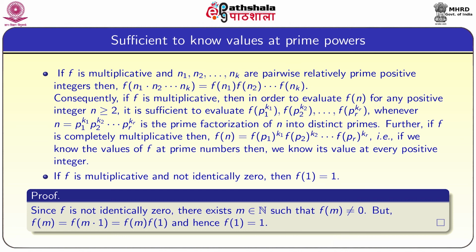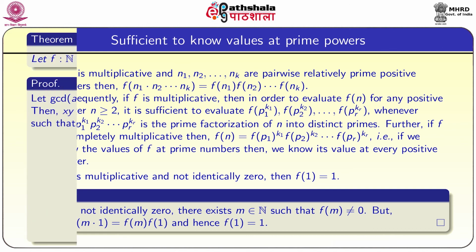But f of m is equal to f of m into 1. Since the GCD of m comma 1 is 1 and f is multiplicative, f of m into 1 is equal to f of m into f of 1, and since f of m is not equal to 0, we get f of 1 is equal to 1. So, this is one of the important properties: if f is multiplicative and not identically 0, then f of 1 is going to be 1.